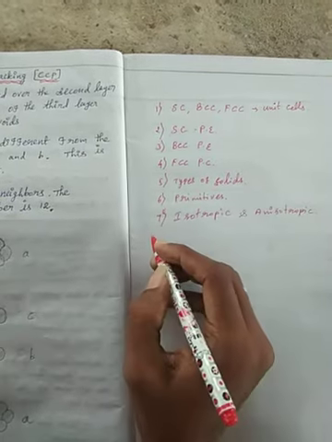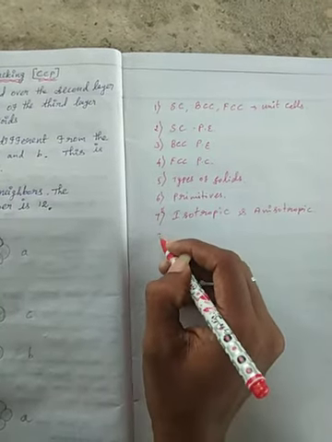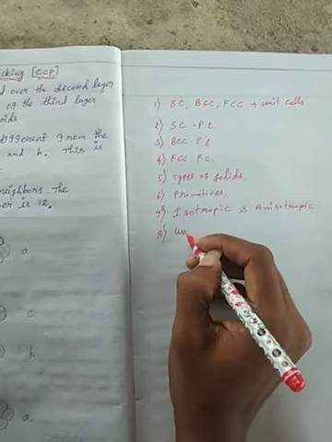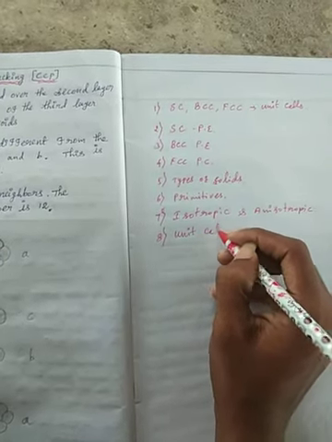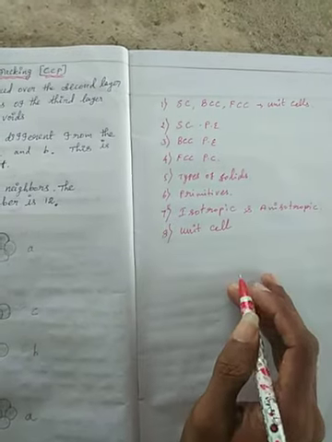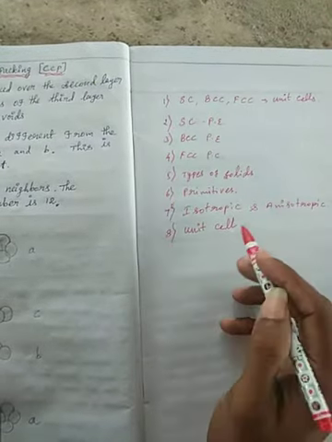Next is the unit cell, which is a 2 mark question. So this is also an important question.